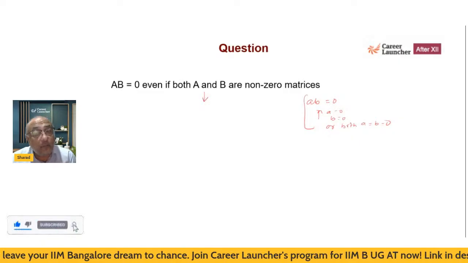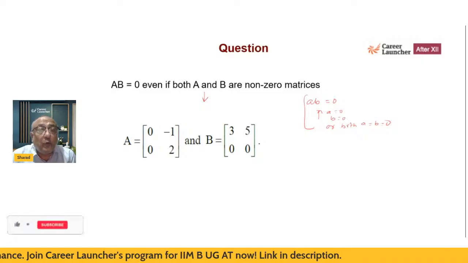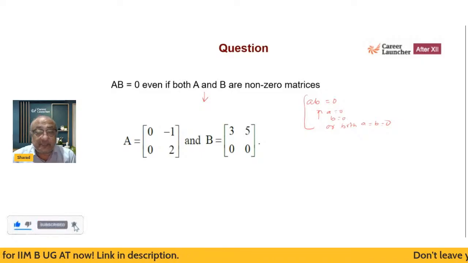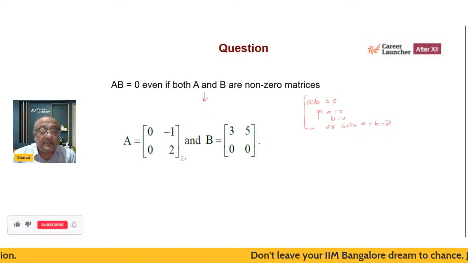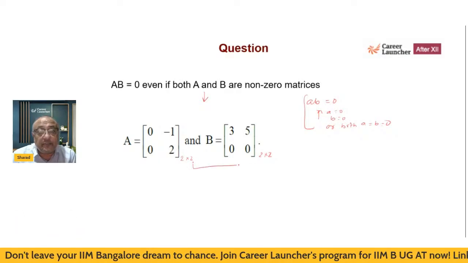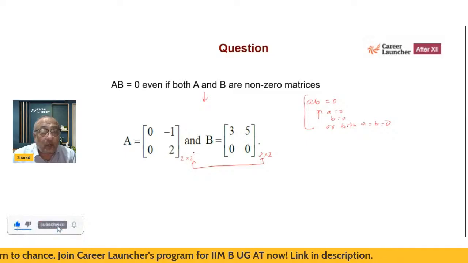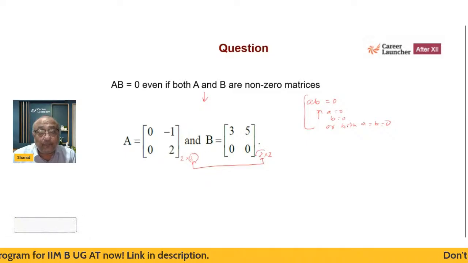You can always have a case when two non-zero matrices are multiplied. Just see over here, as you know, in case of multiplication, this is a 2 cross 2 matrix and this is a 2 cross 2 matrix. The result will be what? I'm sure you know. The column number of the prefactor must be equal to the row number of the post factor.